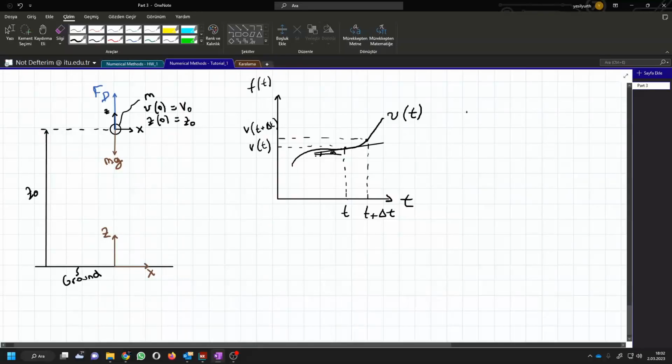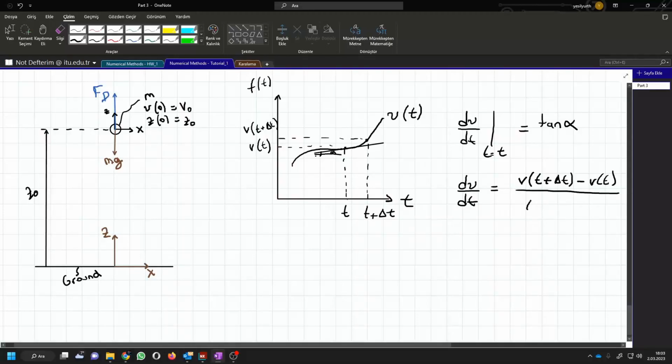Normally dv over dt at t equals t will be tangent alpha, right? But my approximation will say that dv over dt will be equal to v of t plus delta t minus v of t over t plus delta t minus t, right? So this is an approximation, by the way.